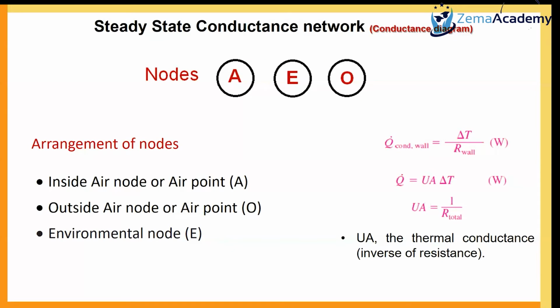Okay, so the next part is, like I said, that the whole network is now divided into 3 nodes that you will see on the diagram as circles, with the letter A representing the air point node, E representing the environmental node, and O representing the outside node. And before we go on to the next slide, I want you to recall this mathematical relation.